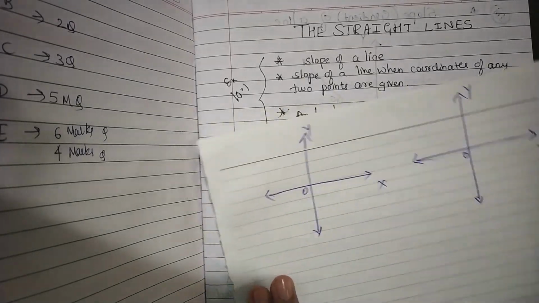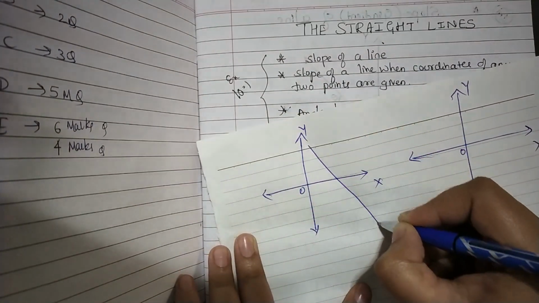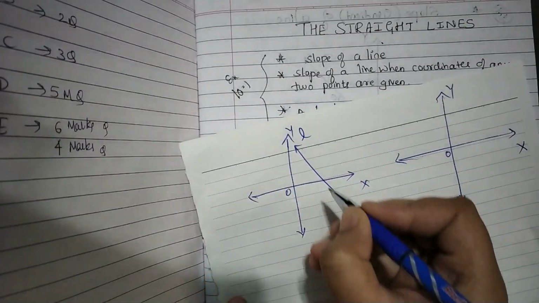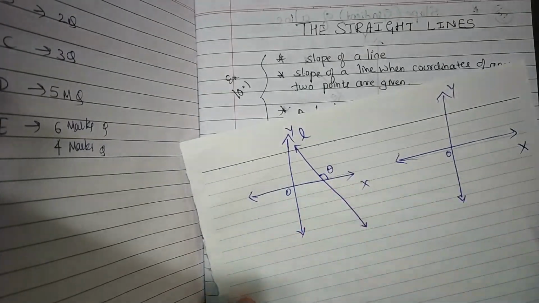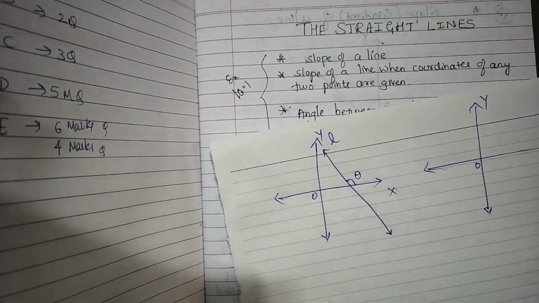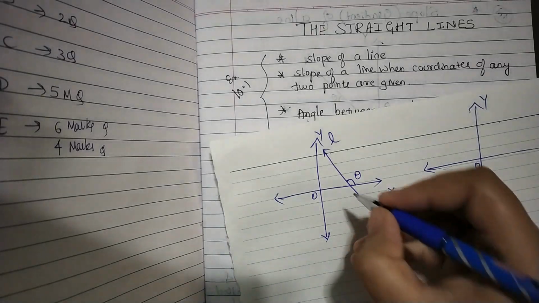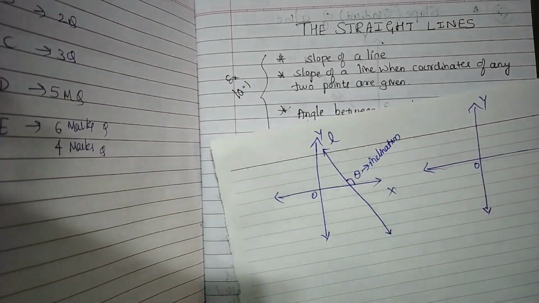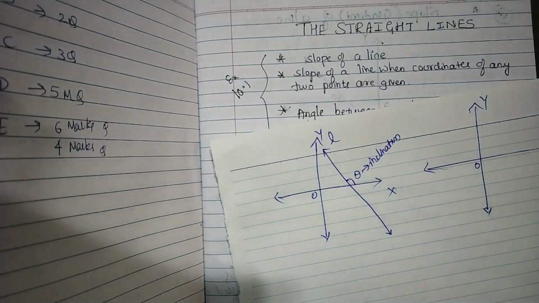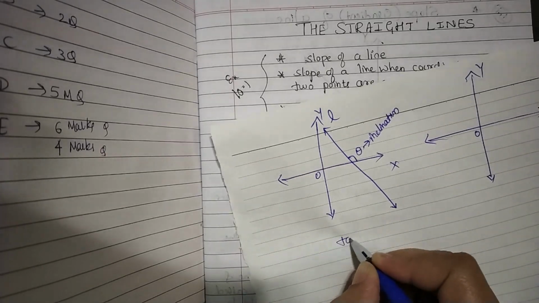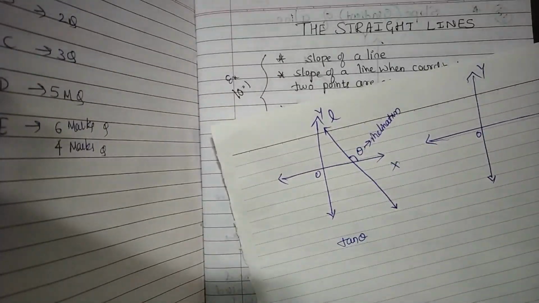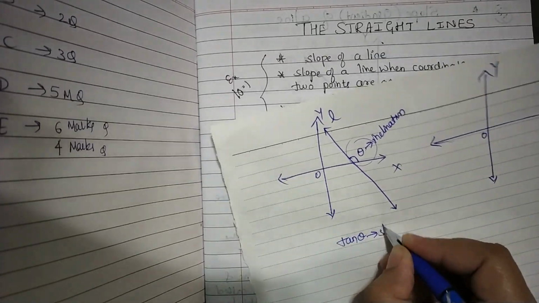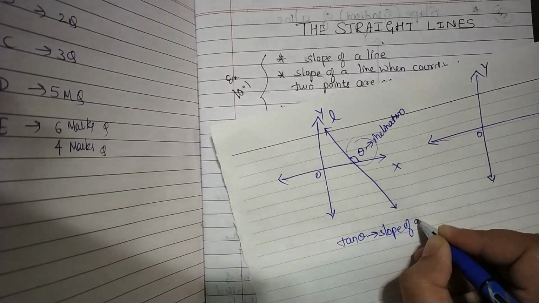Okay, if a straight line makes an angle theta with the positive direction of x-axis, then theta is called inclination of a line with x-axis, and tan theta, the tan ratio of this theta, is called slope of the given line.